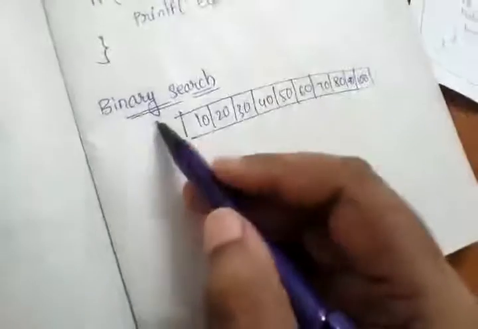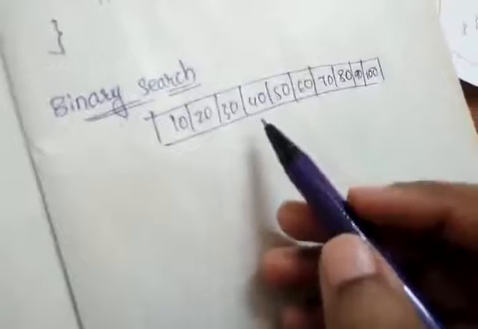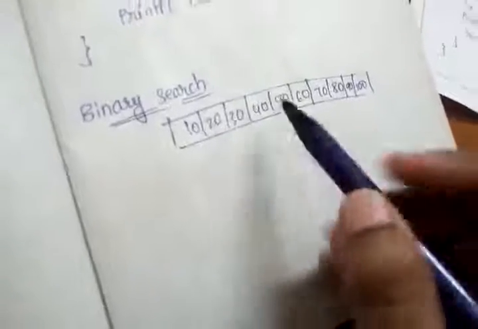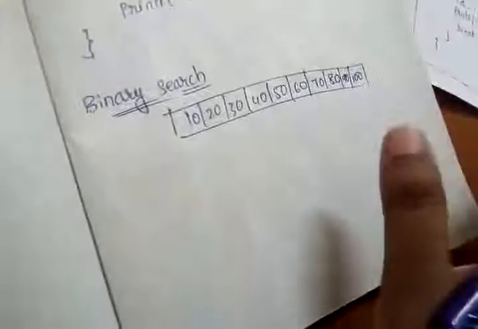So the next method we have in searching is binary search. In binary search, we'll make the array into two halves based on the middle element.